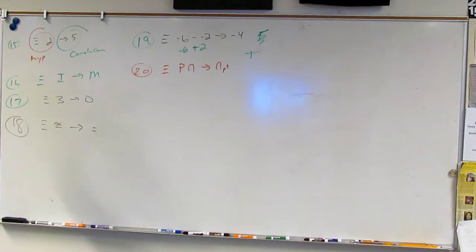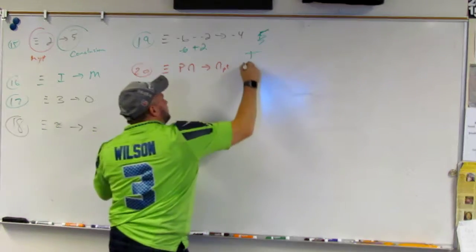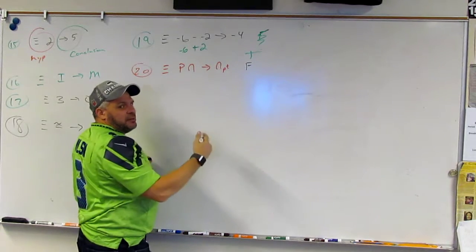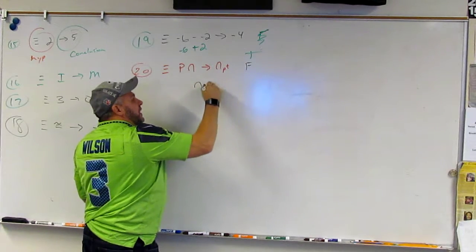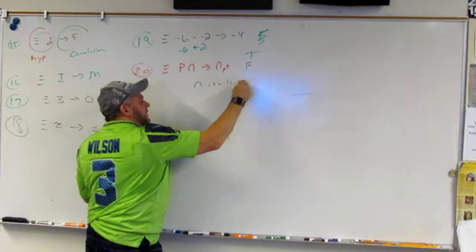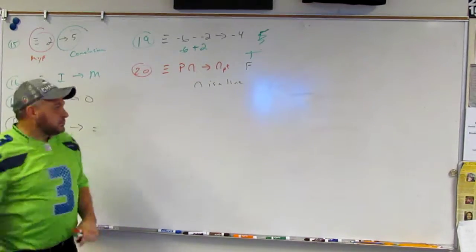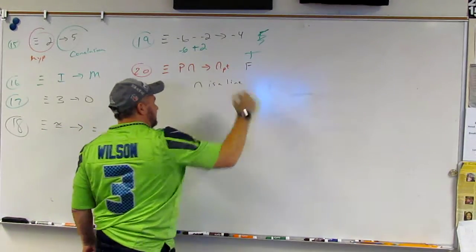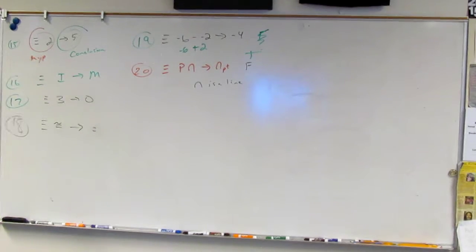When that wall touches that wall, do they only touch at one point? No. They touch at a line. So this is false because the intersection is a line. And that's the counterexample.